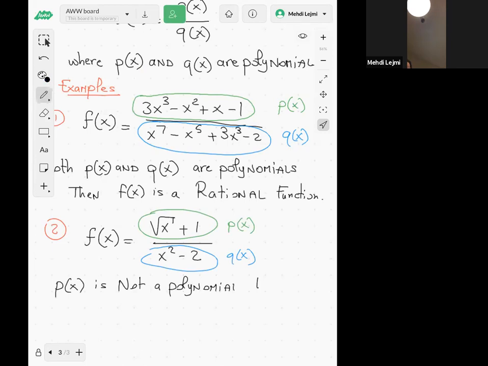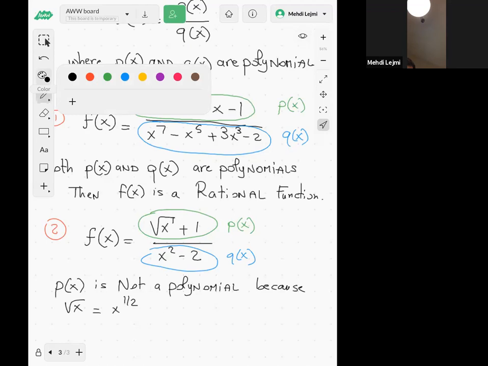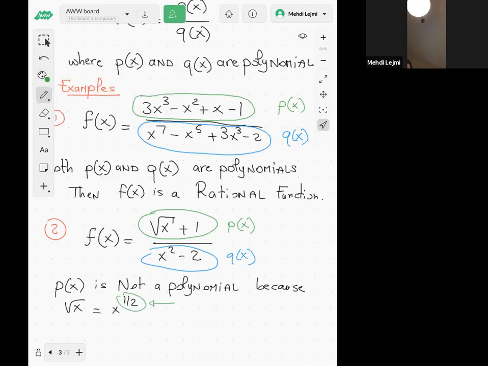So p of x is not a polynomial, because the square root of x is x to the power 1/2, and this power is a fraction, it's not a positive integer or 0.